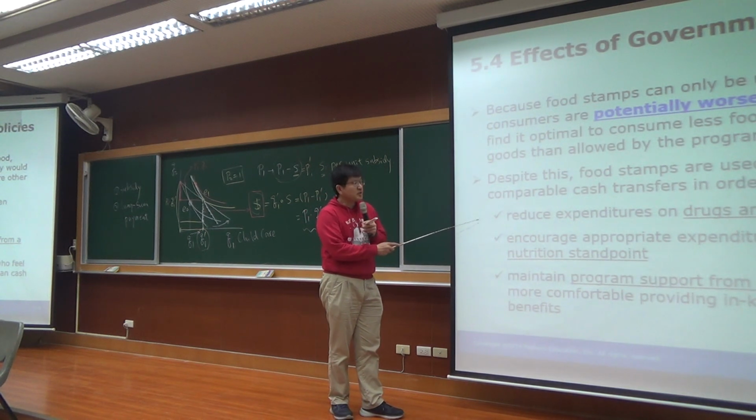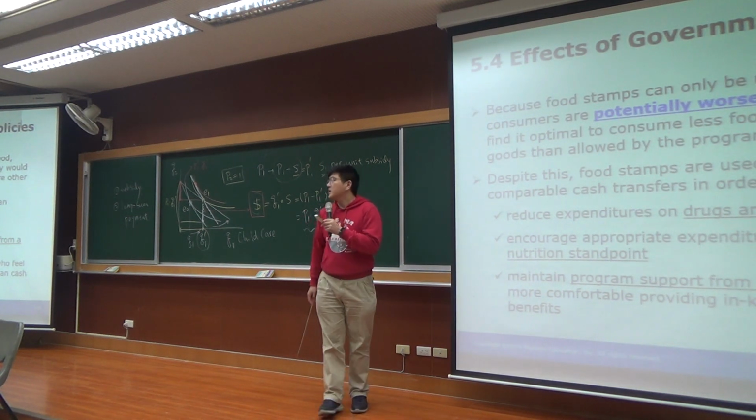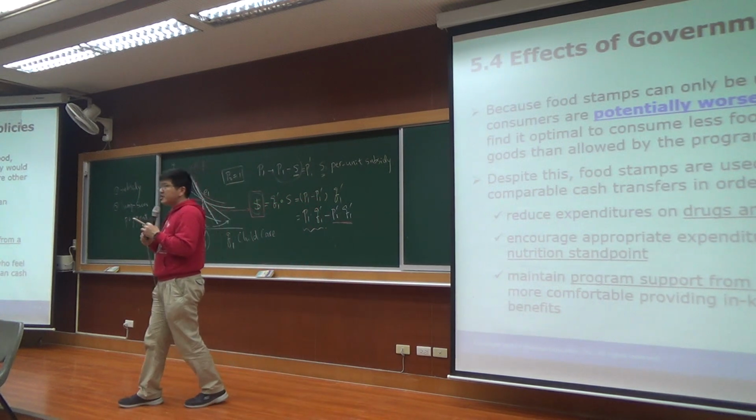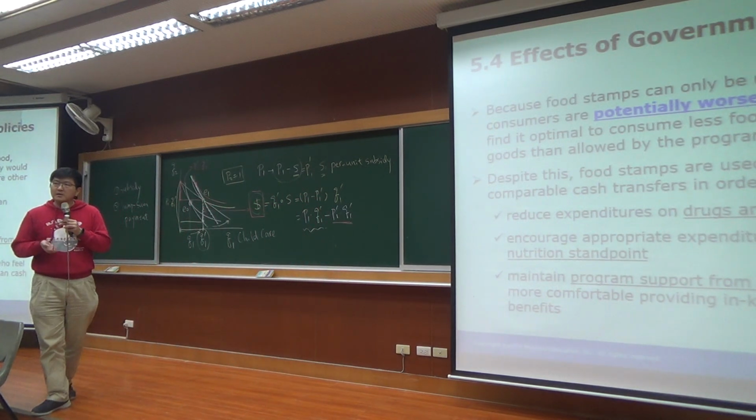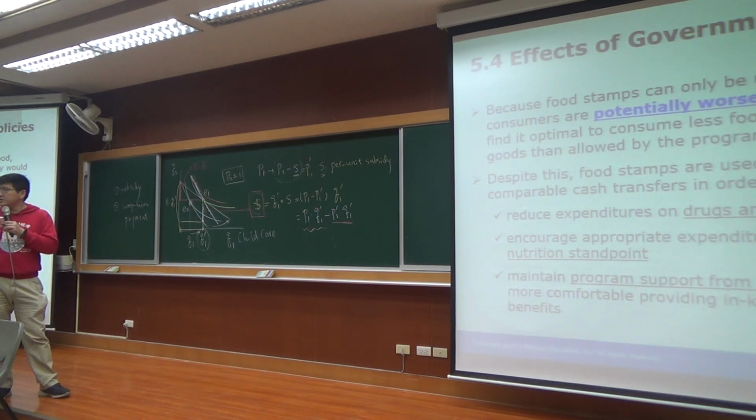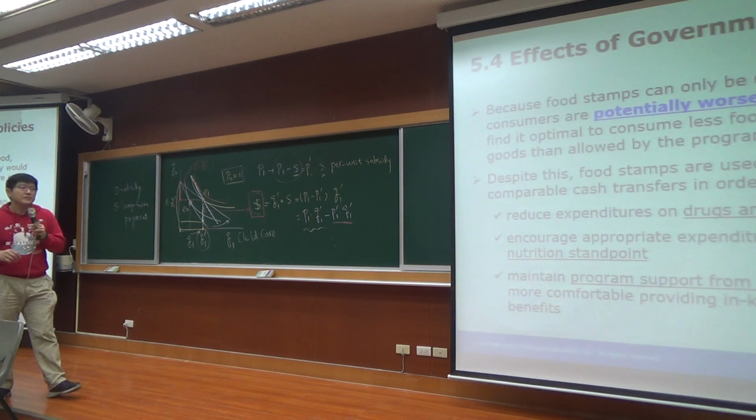However, we have some reasons why we adopt food stamps as a good policy rather than just cash transfer, right? Because the parents who received the food stamps or who received cash transfer, maybe they want to have some more alcohol, some more drug, which is not what we expect them to do.